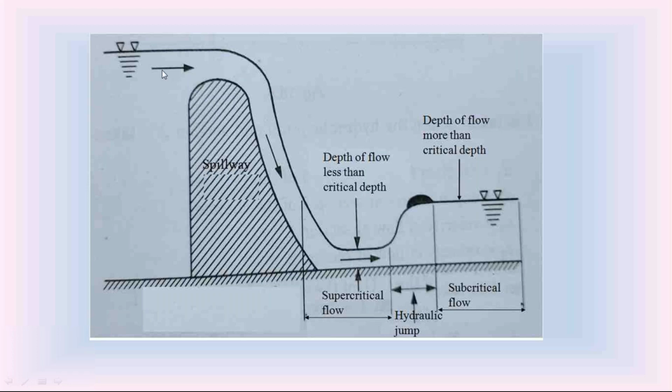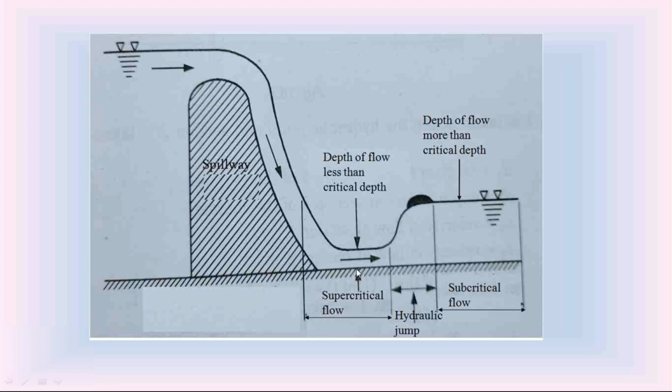So when the water is released from the dam, the water starts flowing over the spillway. It reaches the bottom of the spillway. At the bottom of the spillway, the depth of water flow in this small portion of open channel river is less than the critical depth of flow Yc.